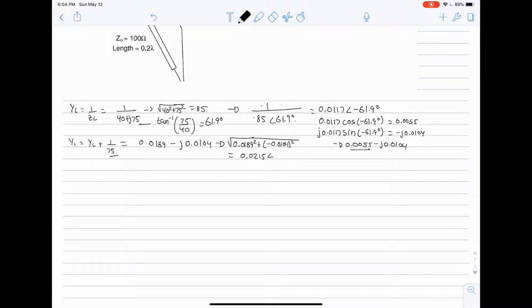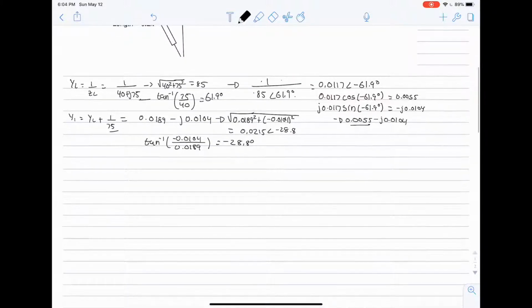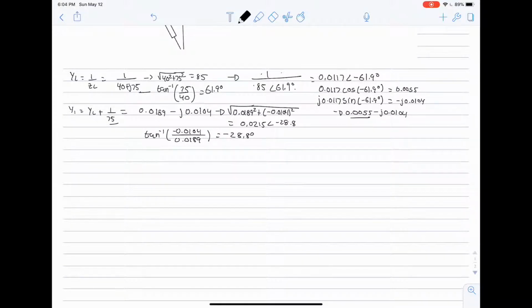And for our angle, it's going to be tan inverse of negative 0.0104 over 0.0189 and give us negative 28.8 degrees. And this is still an admittance.